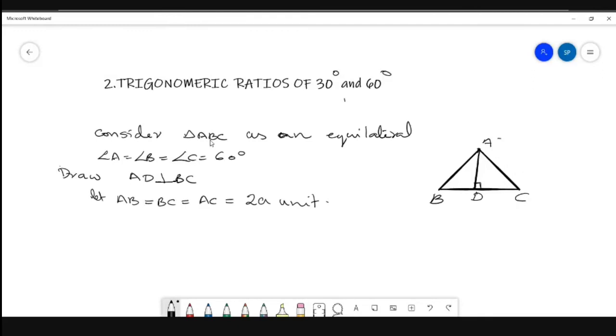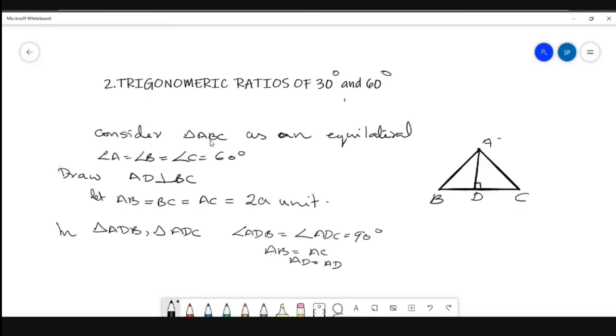Now in triangle ADB and triangle ADC, we know that angle ADB equal to angle ADC equal to 90 degrees by construction, and AB equal to AC, also AD equal to AD.